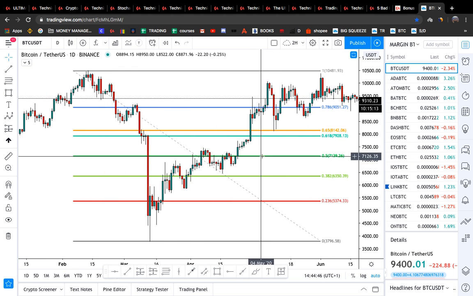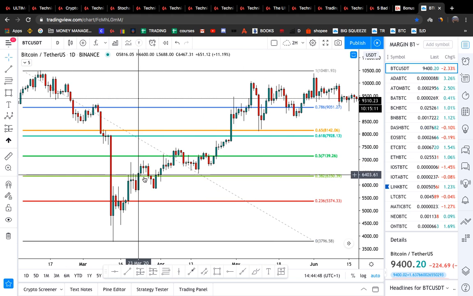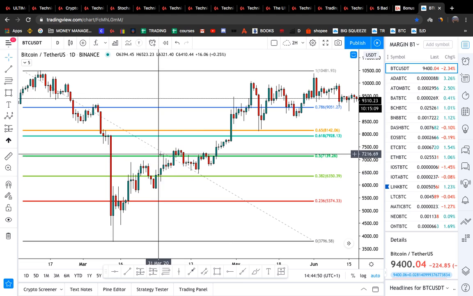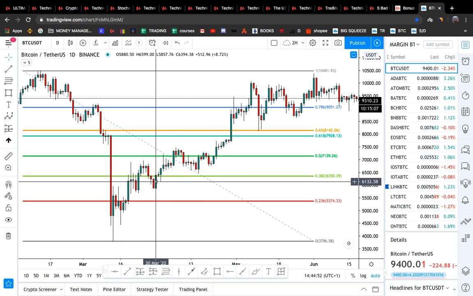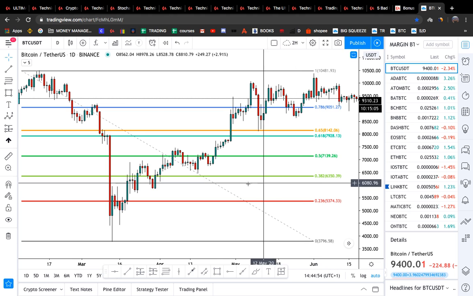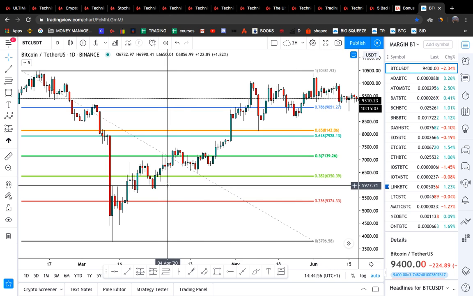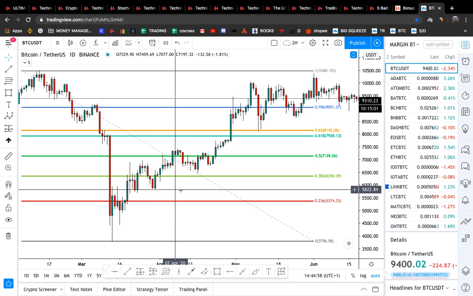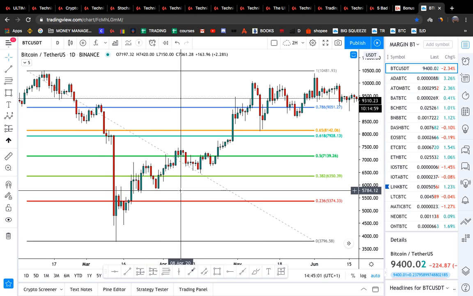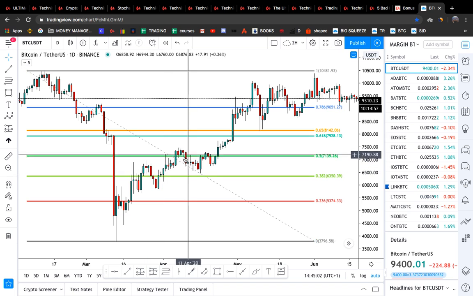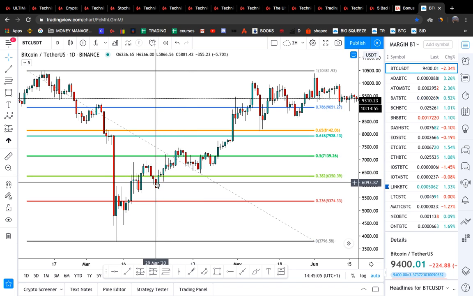This is another key, guys. When you see price close above this level, you can expect it to test the other one, right? When I say you can expect, don't understand me that every time it will happen. I mean that you can expect it to happen, not that it will happen, right? So don't get me wrong here.